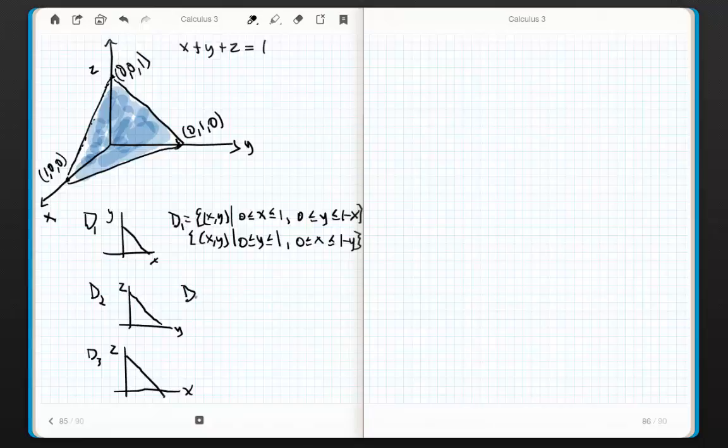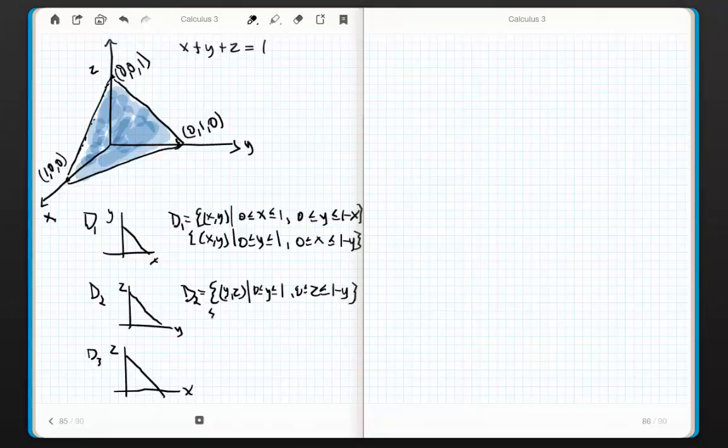However, let's be careful. This is going to be D2 equals the set of (y, z) now, right? You see why? (y, z) such that, now I'm going to let y live between 0 and 1. And I'm going to let z live between 0 and 1 minus y, right? So z lives between 0 and 1 minus y.